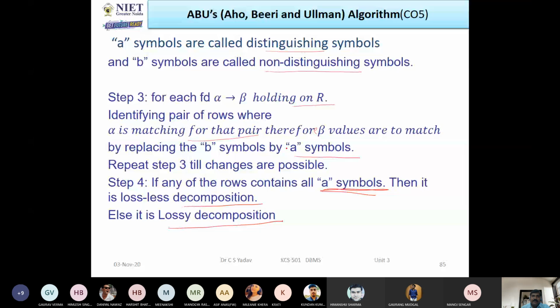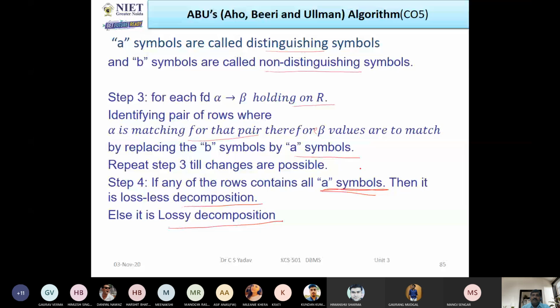There are 4 steps. In the first step, we draw a two-dimensional matrix. In the second step, we initialize the matrix with aj and bij. And in the third step, for each FD, we will check if any tuple pair matches on alpha values, then we will match beta values by replacing b values with a values.